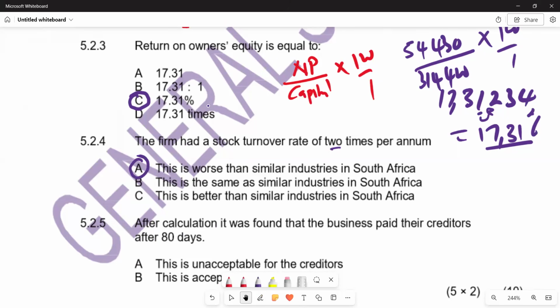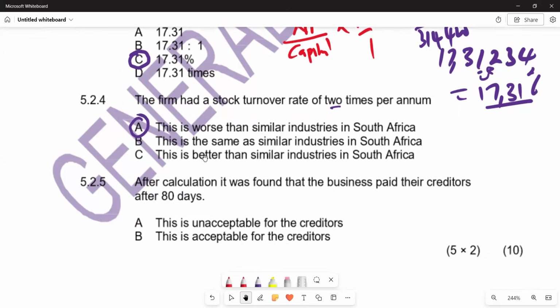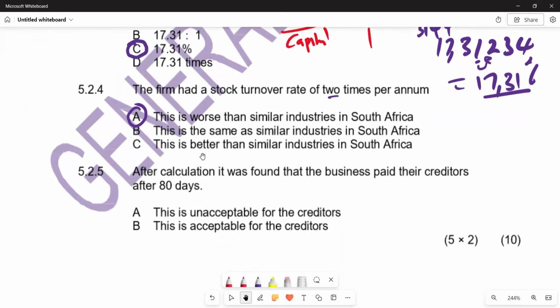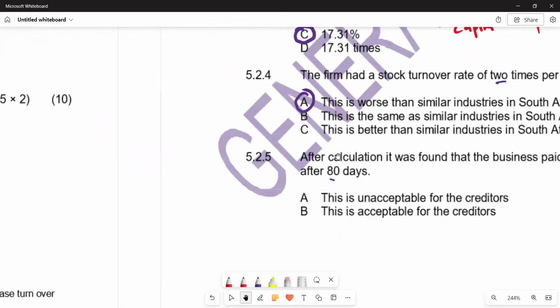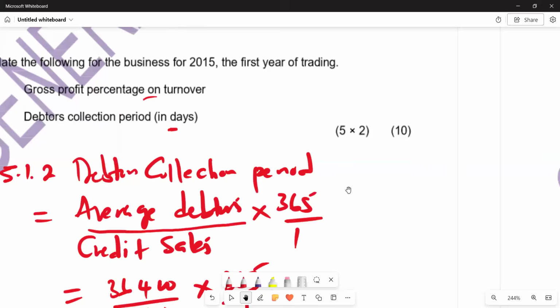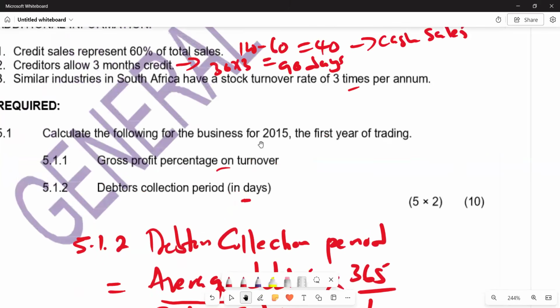So we go to the next one, 5.2.5. After calculation, it was found that the business paid their creditors after 80 days. Obviously, we are going back again to the question to see what hint are we given in the question that can make us be able to interpret this ratio. The assumption is that we pay our creditors after 80 days. So we go to the question and see what is the payment period that is allowed by the creditors.